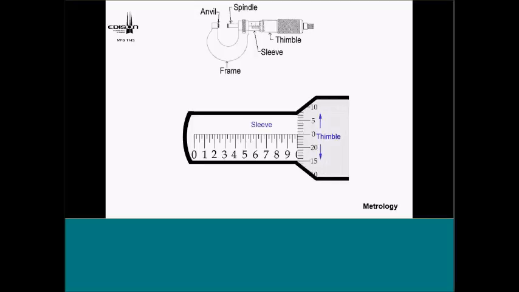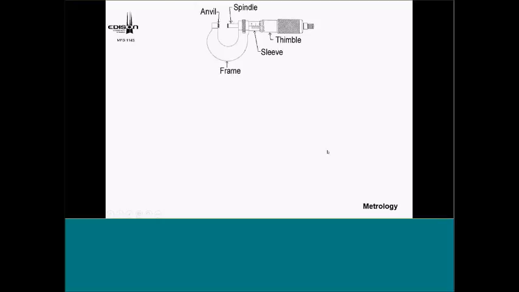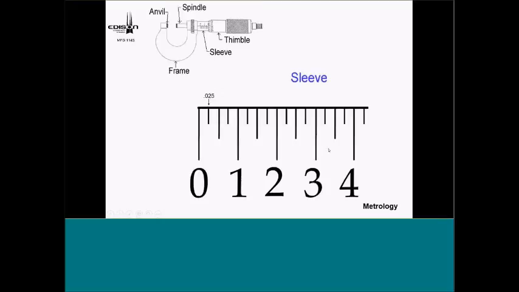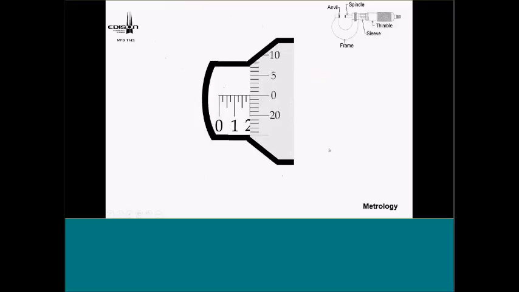Look at the sleeve, we look at the thimble, the anvil, et cetera, so on and so forth. We'll talk about it, and I'll explain the graduations and whatever. Then we actually get into, all right, what's the first graduation? Second, third, fourth. As I said, going up for my measurement, and then I'll say, okay, what's this dimension?